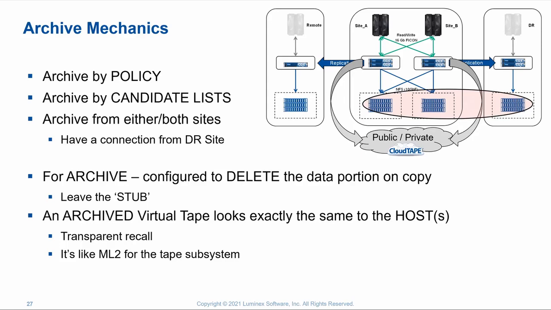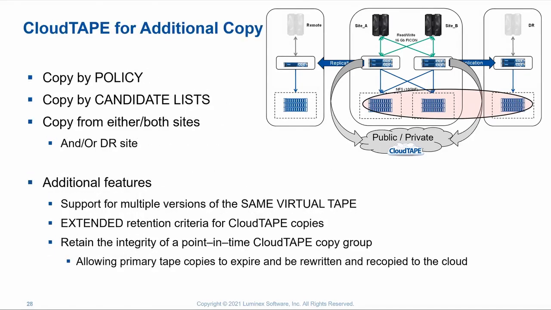But I also mentioned additional copy, and that's got slightly different mechanic. And we have implemented both on this one. Exactly the same criteria for generating additional copies. Since it's an additional copy, you can actually generate it from the DR site as well. But we did put in some extra features on CloudTAPE, and that's where this use case starts exploiting those.